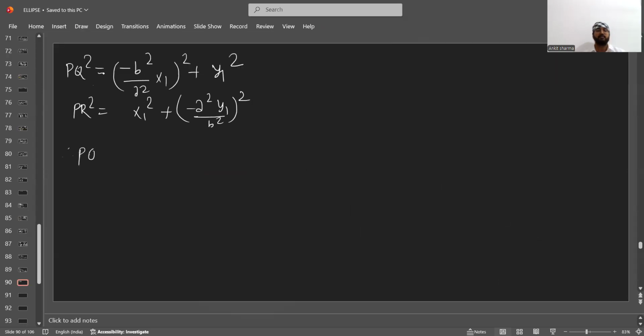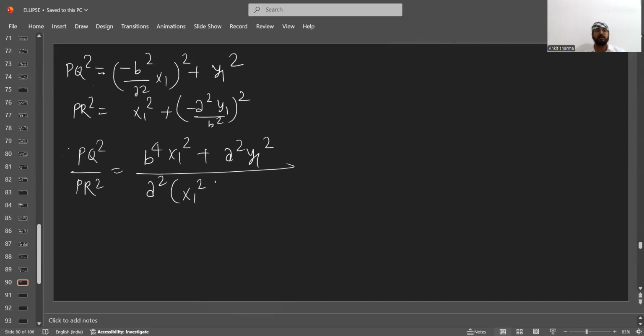So this gives me PQ square over PR square would be equal to, we can multiply this further, and this gives me b power 4 x1 square plus a square into y1 square, the whole upon this a square will be multiplied in the denominator also, and this gives me x1 square times b power 4 plus this would give me a power 4 into y1 square, and this I can multiply b square in the numerator there, yes.